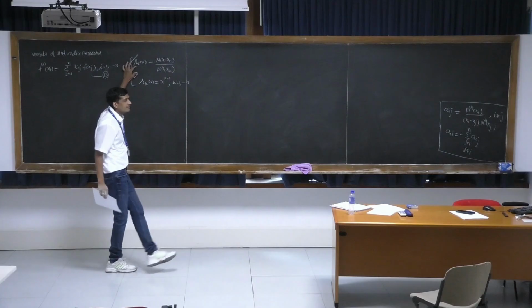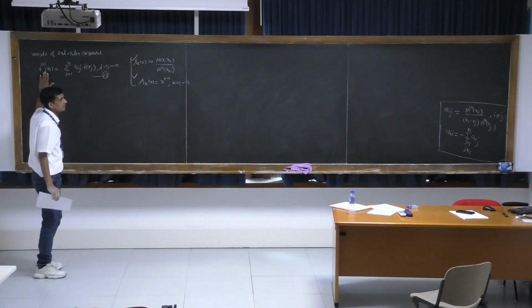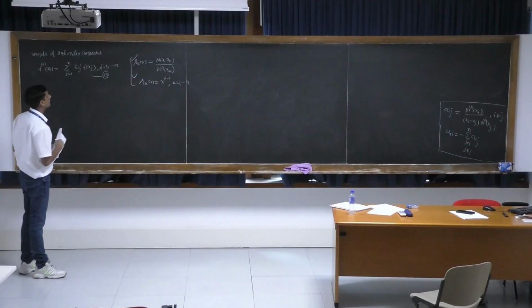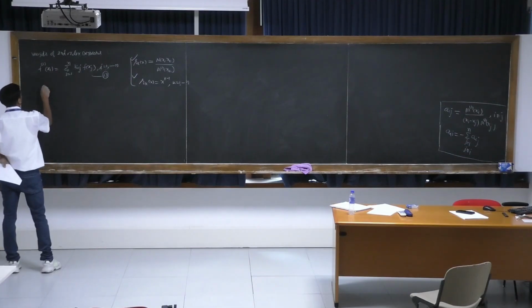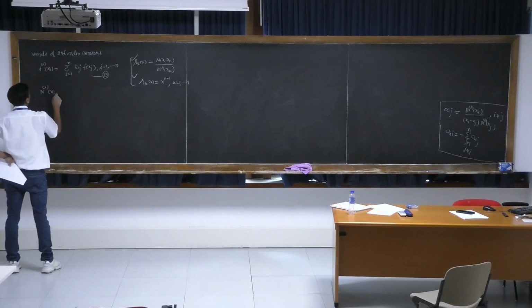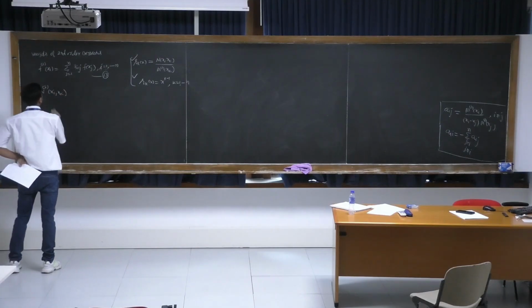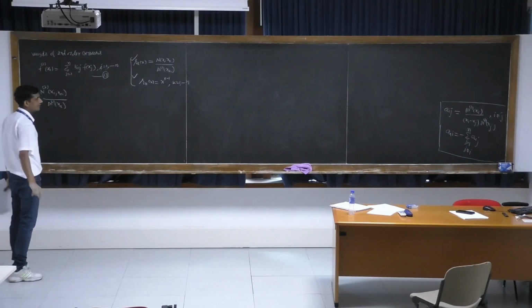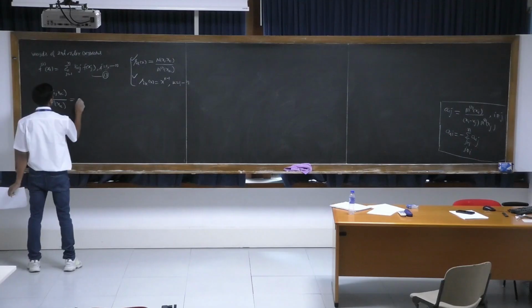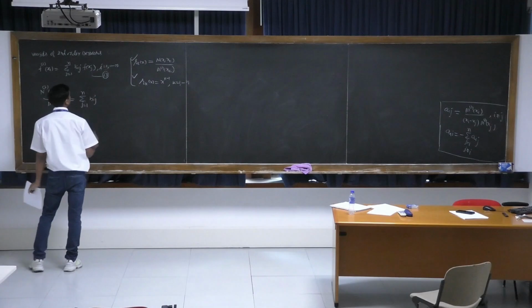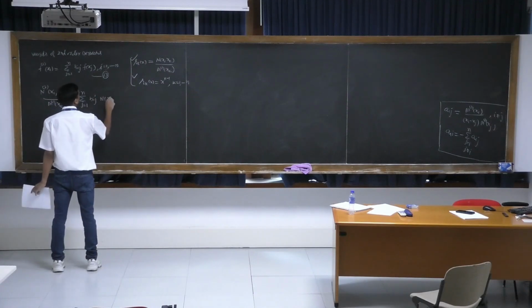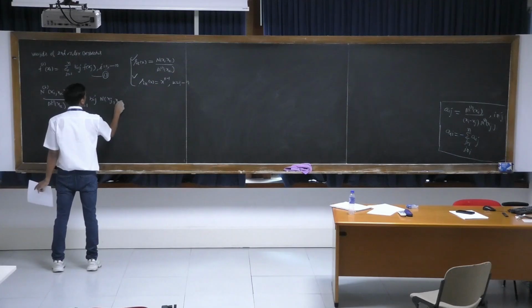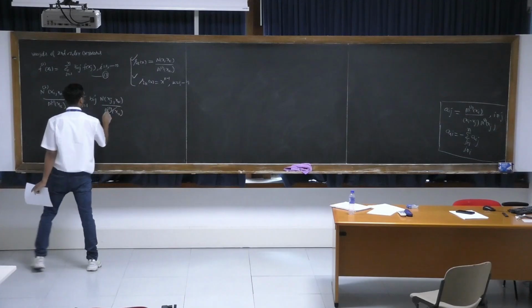So use the first basis and put it here. This becomes the second order derivative at the point xi of xk divided by m1 at this point, and that is equal to the summation j equal to 1 to n of bij times n of xj xk divided by m1 of xk.